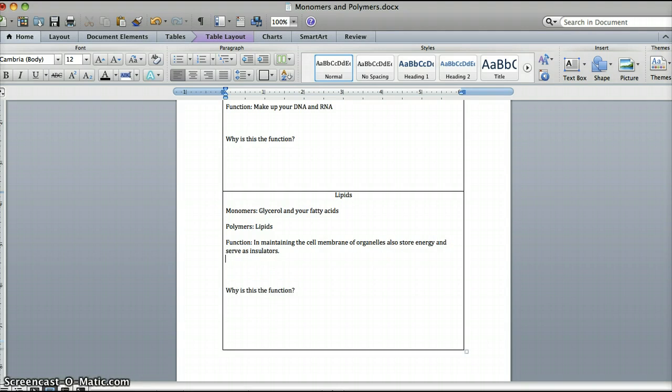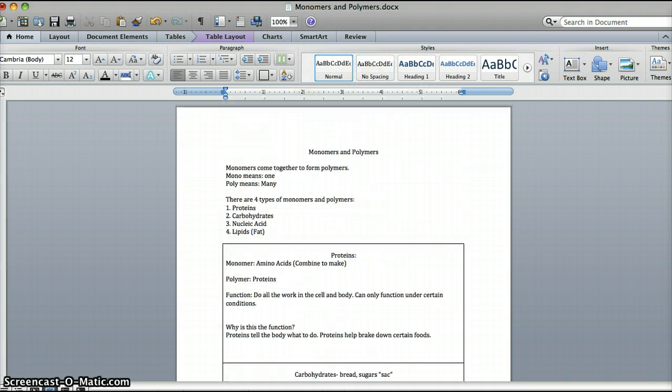Now, what are insulators? Insulators help you keep warm. So what lipids do, your fats, actually help your body keep warm against the cold that is outside. So these are your monomers and your polymers. Remember, your monomers all form together to make your polymers.